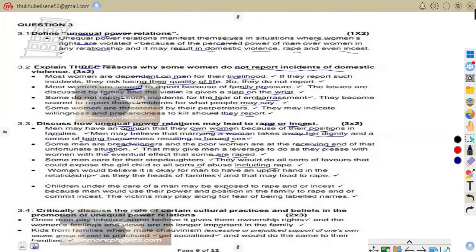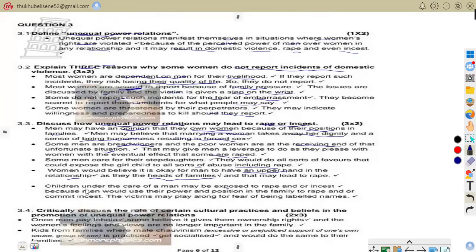Some men or women, in fact, women would believe it is okay for men to have an upper hand in the relationship as the heads of the family, and that may lead to rape. That is abuse of authority: using position to exploit others, for example, a stepfather abusing a child or a guardian taking advantage.